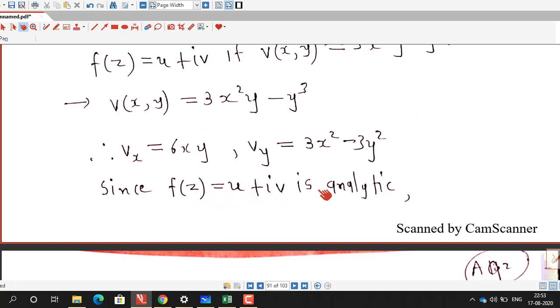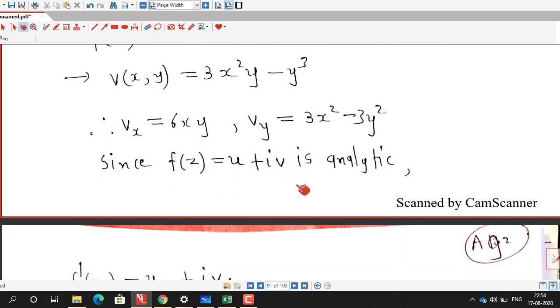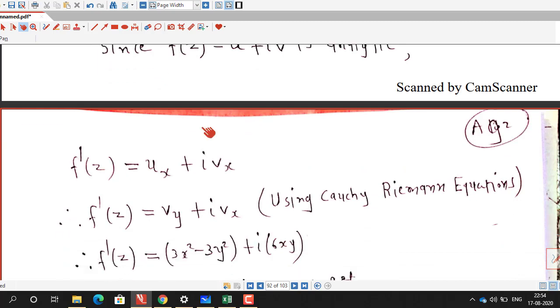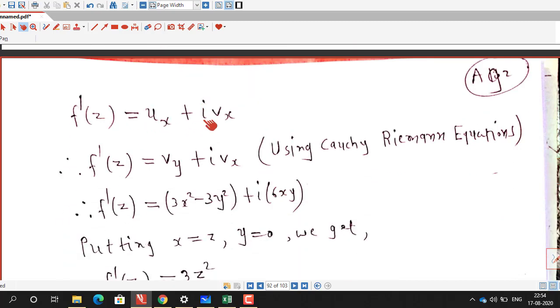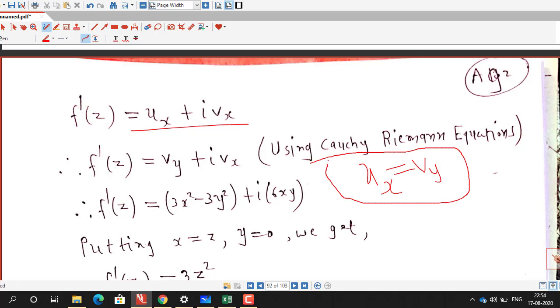Again, because f of z is analytic, it is differentiable. Therefore, we can write f dash z equal to del u by del x plus i into del v by del x. Now v is known to us, u is not given. So we replace del u by del x by del v by del y, because the function is analytic, so the Cauchy Riemann equations will be satisfied.